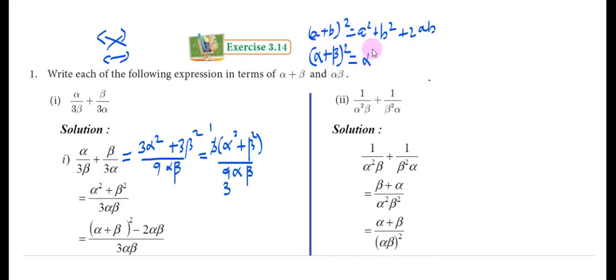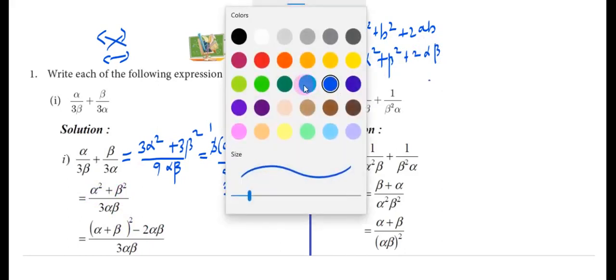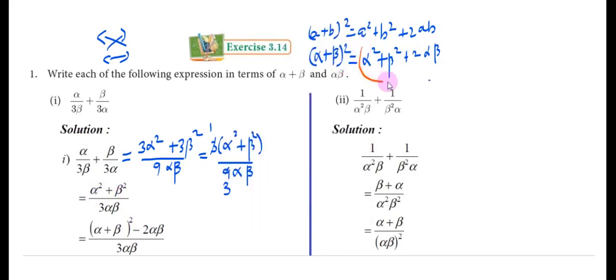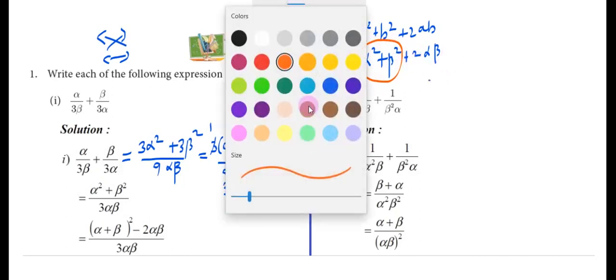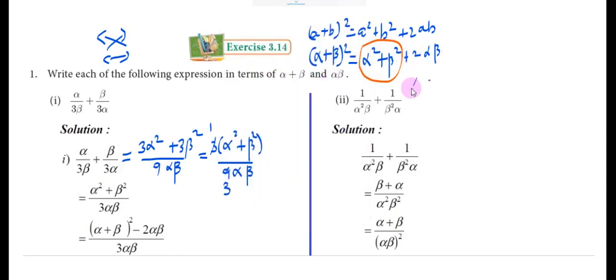So alpha square plus beta square plus 2 alpha beta. Understood? Now here we need the alpha square plus beta square value. So move this 2 alpha beta to the left side. So alpha plus beta the whole square minus 2 alpha beta equal to alpha square plus beta square.